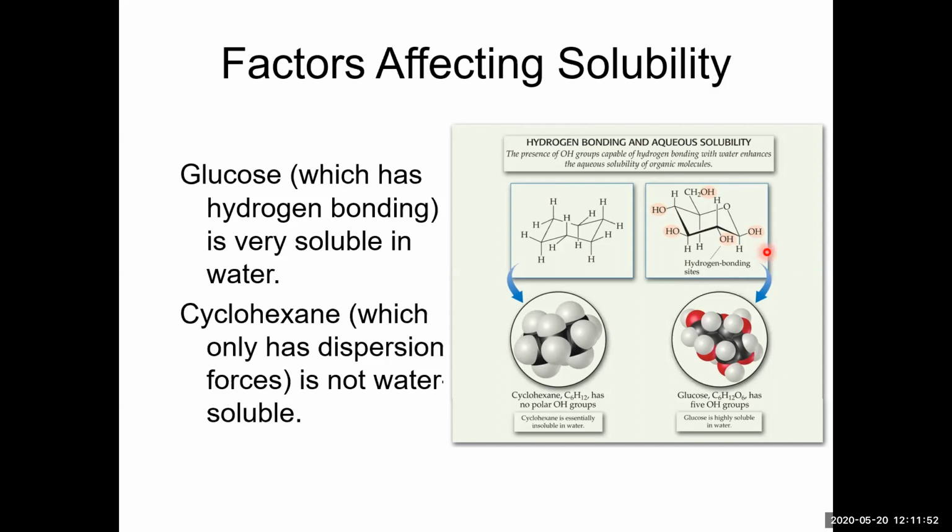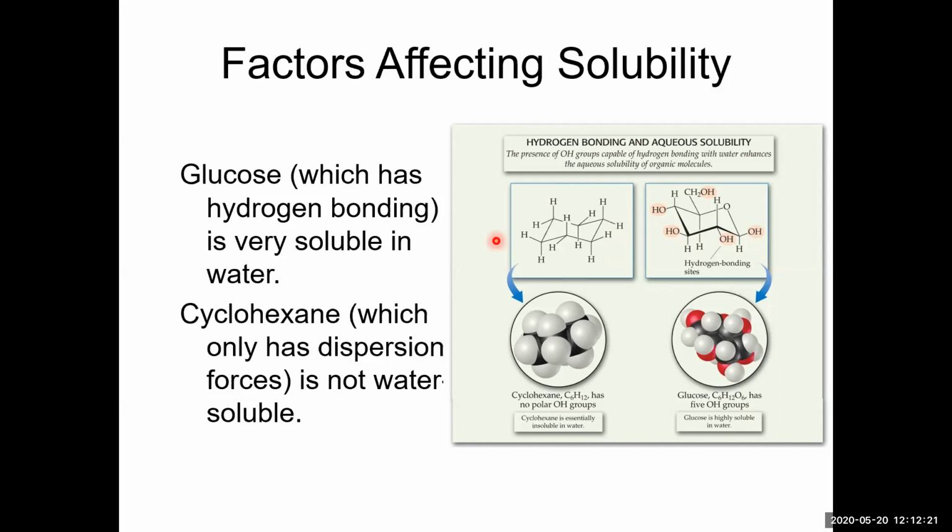So if it breaks one hydrogen bond but then forms another, that's not a big difference in energy, because you're breaking a hydrogen bond and you're forming another. Breaking intermolecular forces takes energy, but forming intermolecular forces releases energy. So if the bond you break between the water and the other water is about the same energy as the bond to this, then it doesn't take as much energy to do.